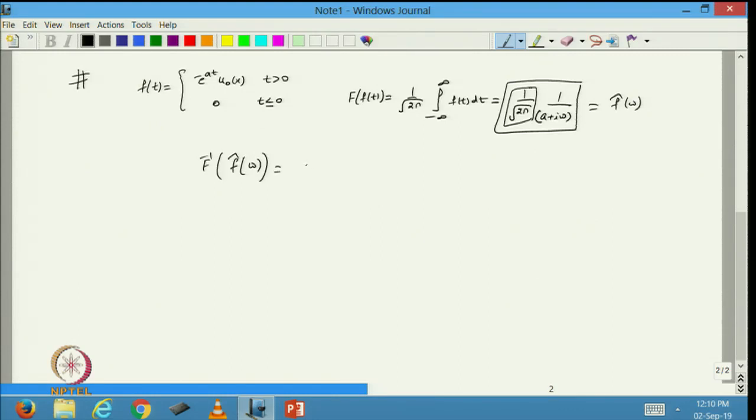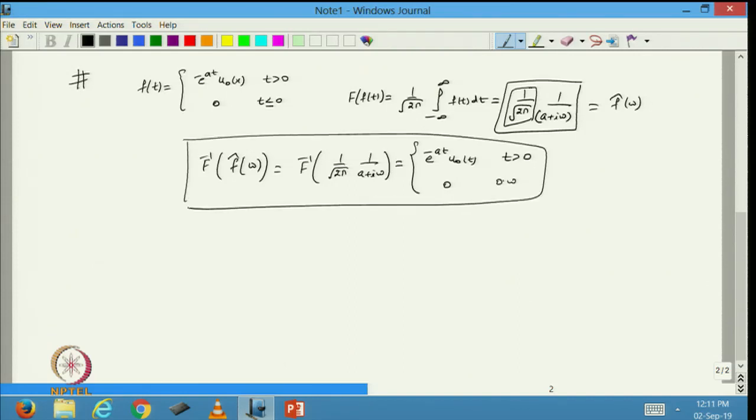The inverse of 1 over a plus i omega will always be equal to e raised to power minus a t u naught t when t is greater than 0, and 0 otherwise. So that is the function we have. That is the inverse Fourier transformation for the same function. Now, we can have another function.